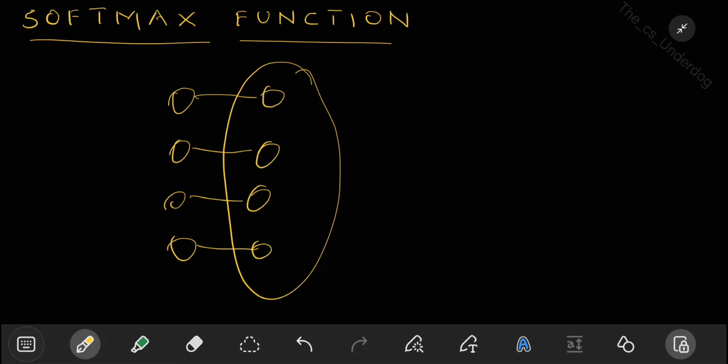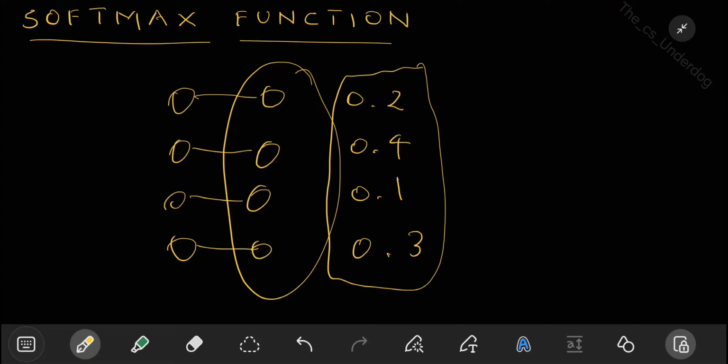The softmax function will help you to interpret the output as probabilities. So the values will be something like 0.2, let's say 0.4, 0.1 and 0.3. You can interpret these as probabilities where, let us say, class 2 has the highest probability. The other classes have comparatively lower probabilities. So using this you can do classification. This is where the softmax function is used.